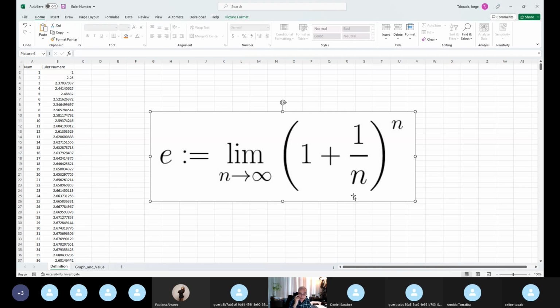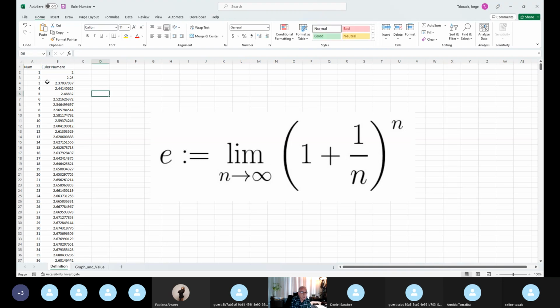So to simulate this formula, the definition of the E, I created this Excel spreadsheet. I put here 1, 2, 3, 4, 5, 6, 7, 8. The column is the M number, and the Euler number is this E, and you plug into the equation.